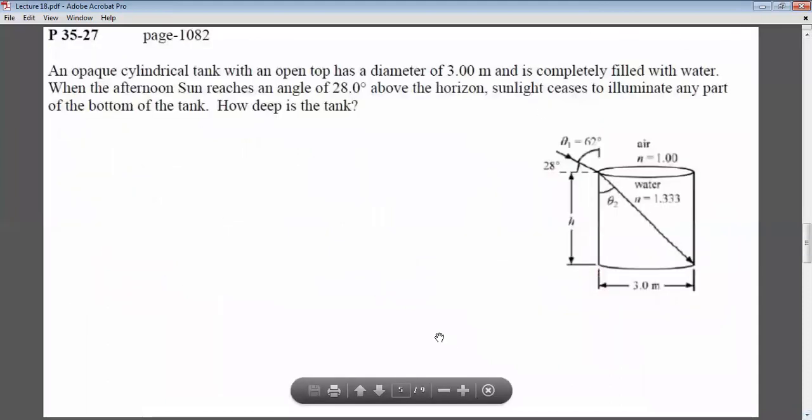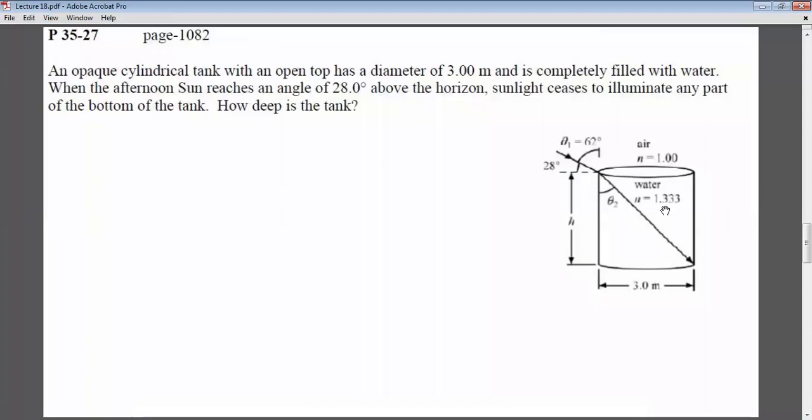Now, an opaque cylindrical tank with an open top has a diameter of 3 meters. So the distance from here to here is 3. It's completely filled with water, so there is water everywhere. Outside there is air, n equals 1, and inside there is water, n equals 1.33.